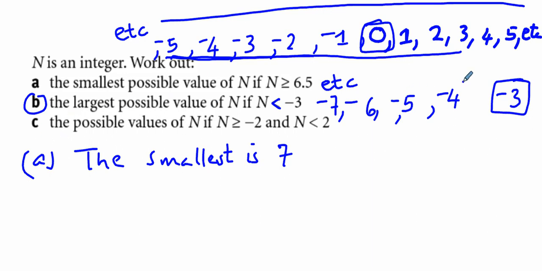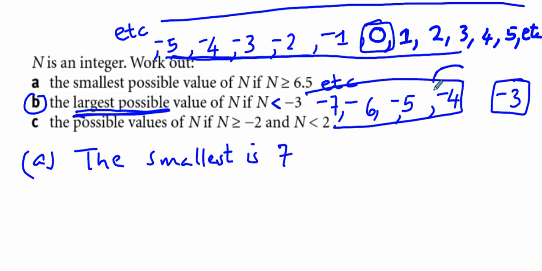Now, from this list, which goes to infinity on the left-hand side, choose the largest of all. The largest of all here will be -4. Now, this is where students get confused. -4 is bigger than -5. -4 is bigger than -6. -4 is bigger than -7.